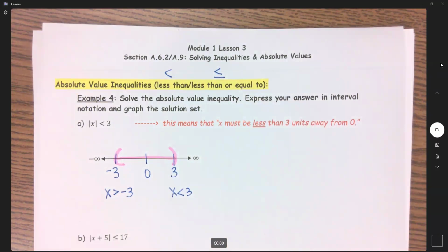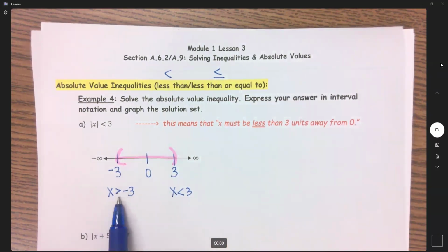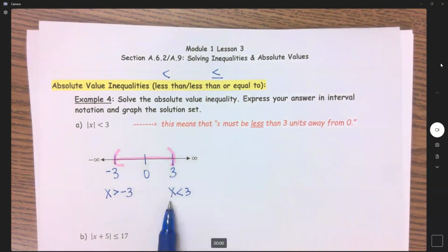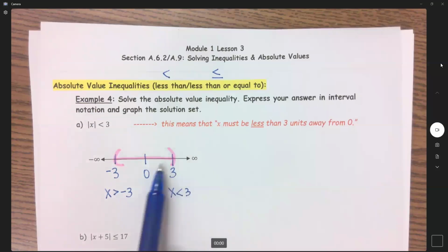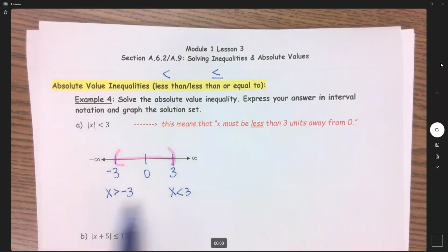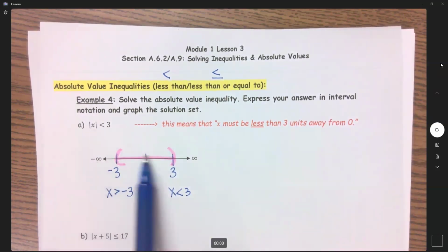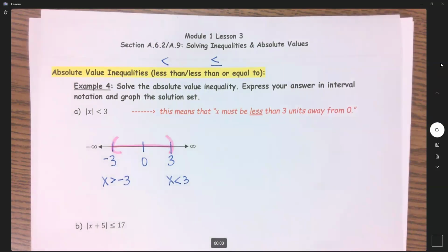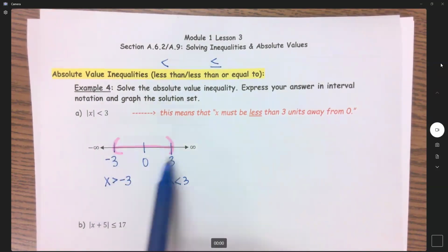Now there is a condition with this, because if we just said X is greater than -3, it would keep shading all the way to infinity. If I just said X was less than 3, it would shade all the way to -infinity. So if you say these two inequality symbols separately, it's really talking about this entire number line. We're not talking about that entire number line. We're talking about just this section here.